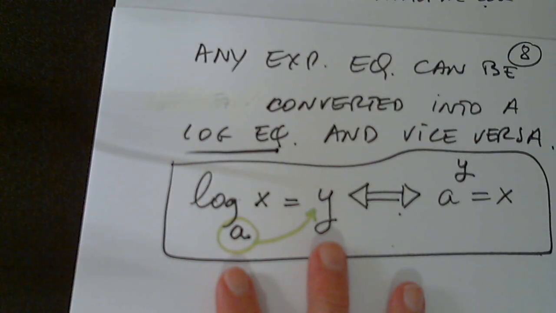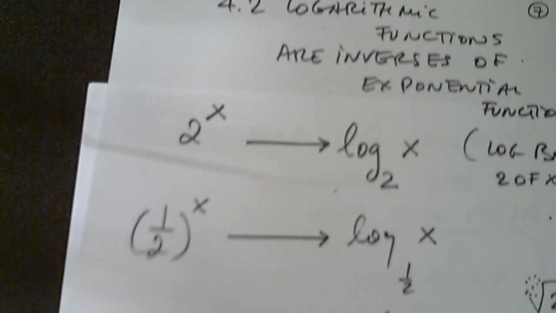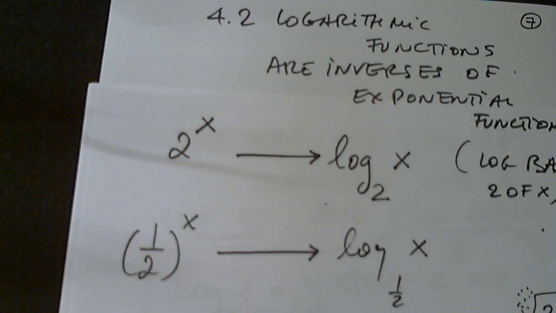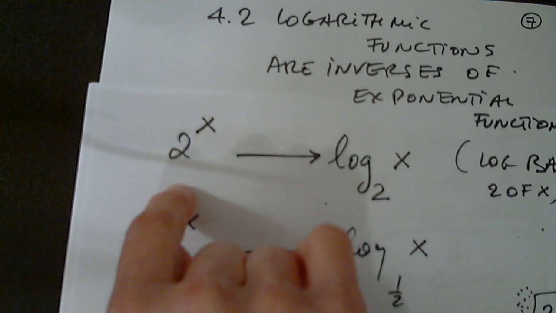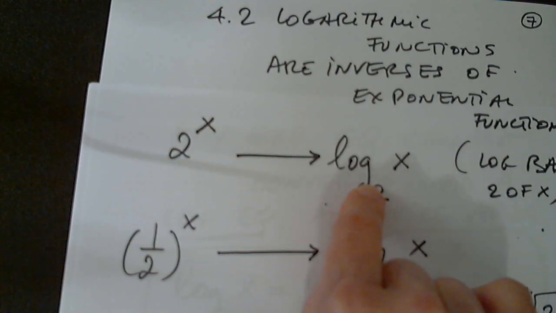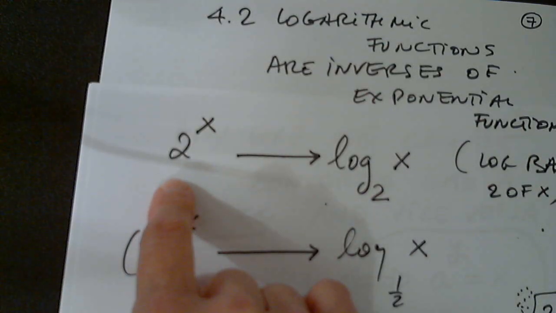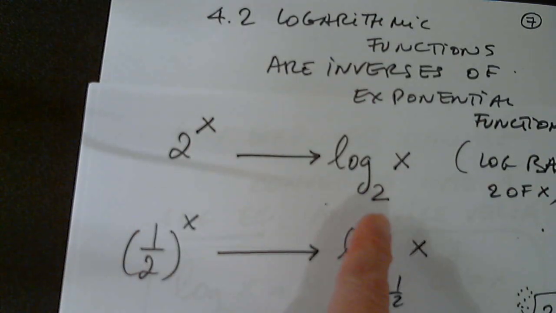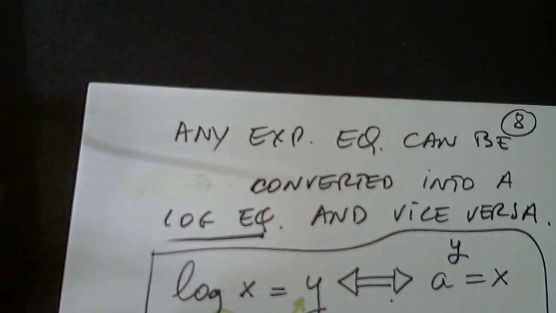Why am I showing this right now? It's because I want to explain to you, we're going to pick one of these relationships and show you how this is the inverse of this, and also this is the inverse of this. Because we need to understand now how log works. So notice one thing.